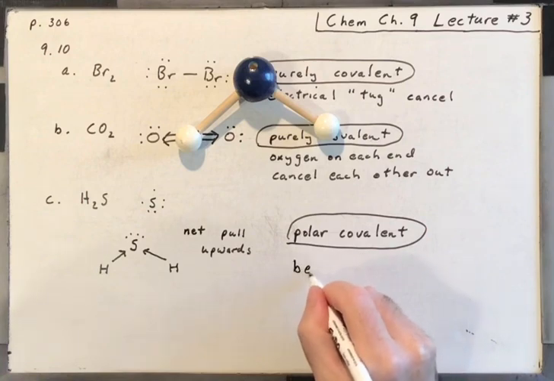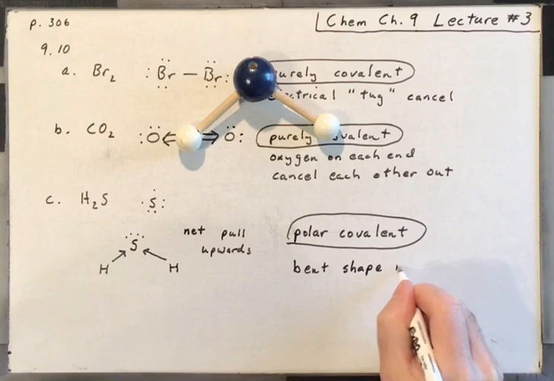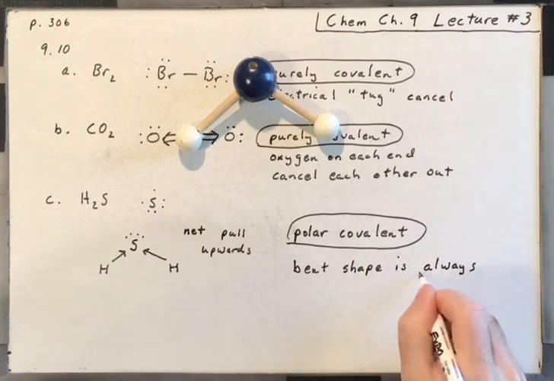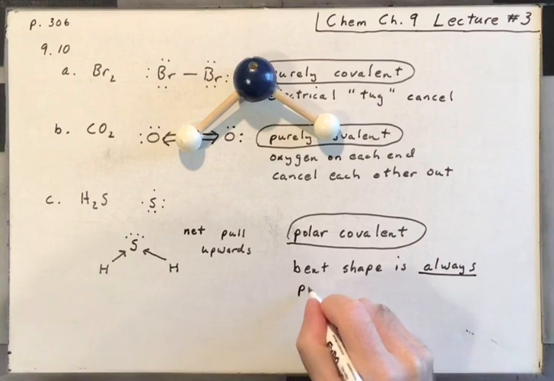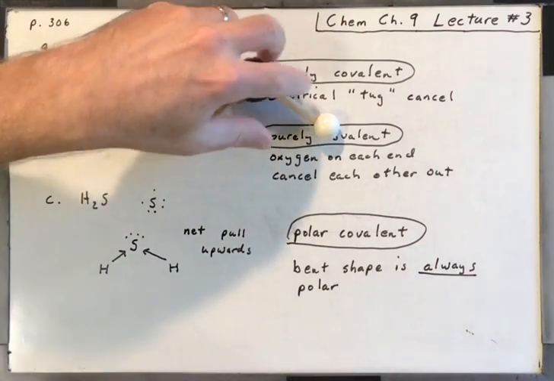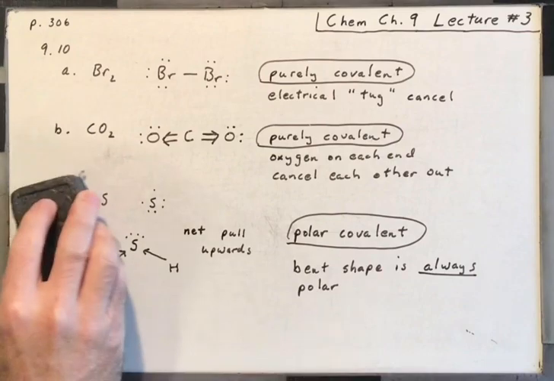Bent shape is always polar. All right, always polar. That's not true for all the shapes, but the bent shape will always be polar. All right, pause the video if you're still drawing and writing, and we'll move on to D.